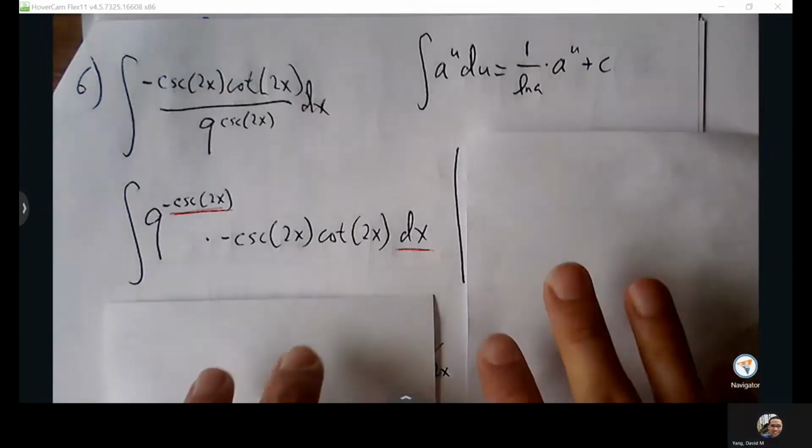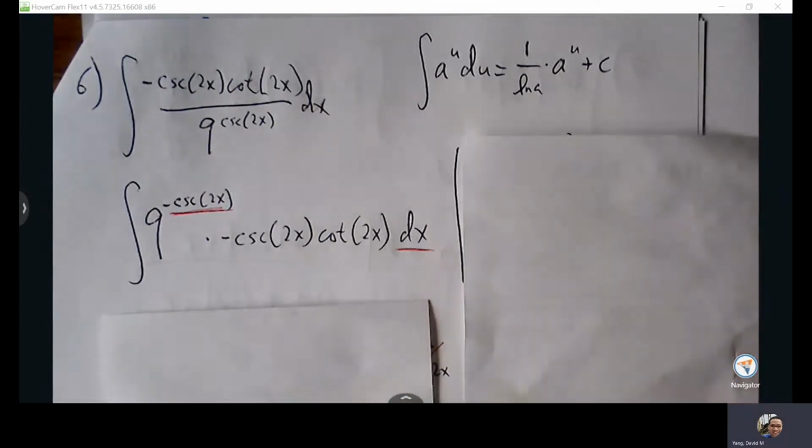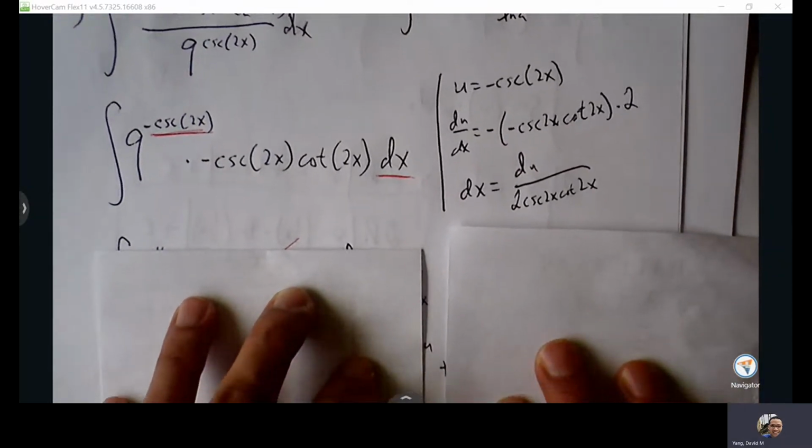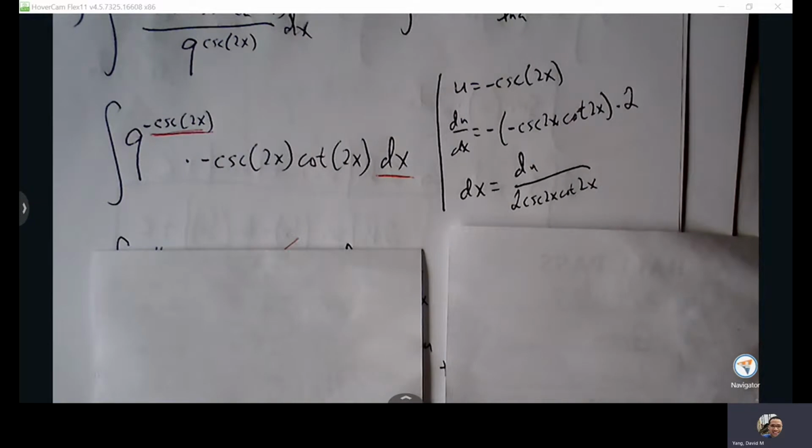Okay, the u value is negative cosecant of 2x. We find the derivative. Remember, the derivative is negative cosecant u, cotangent u times u prime. The two negatives will cancel out, leaving me with a positive.